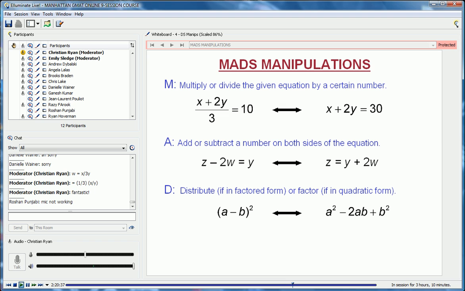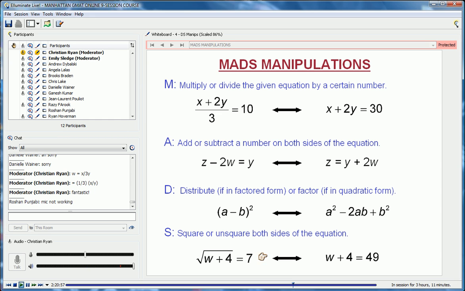Finally, the last manipulation is kind of a special wrench in the toolbox. It's squaring and its partner unsquaring. And you have to be a little bit careful here. To your earlier question, Brooks, this is when you have to check whether or not the number fits.